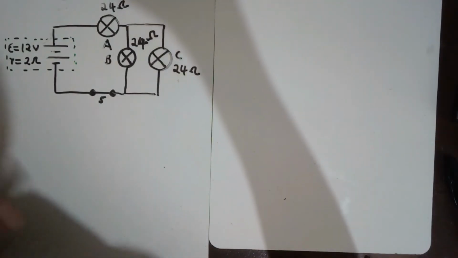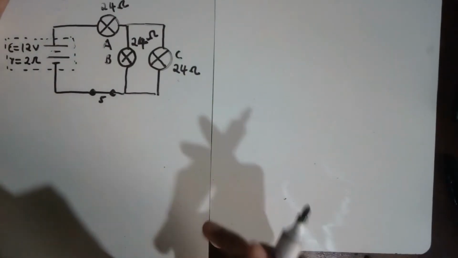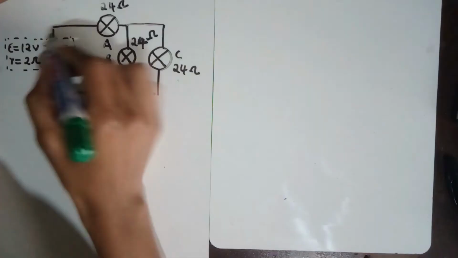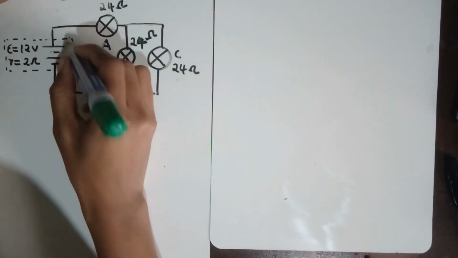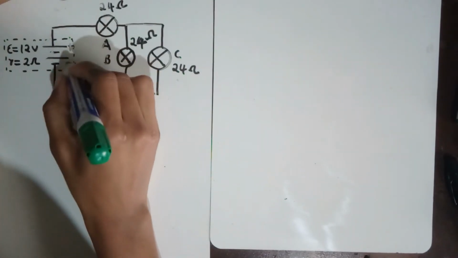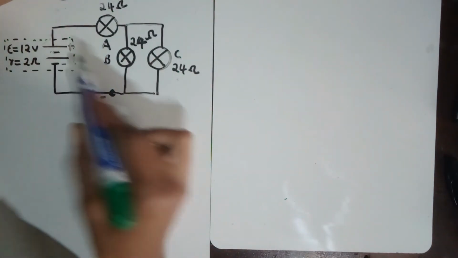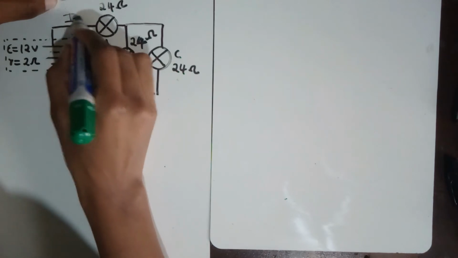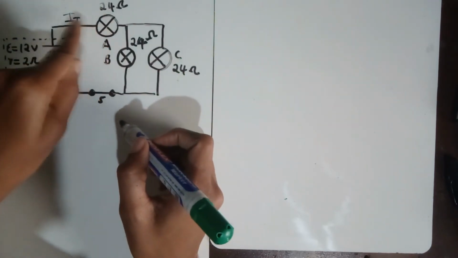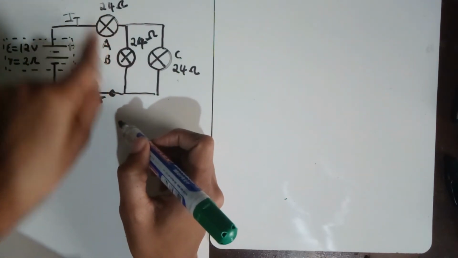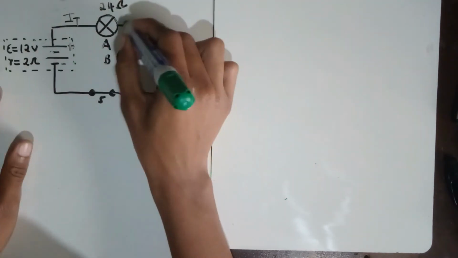So to answer this question, like I said, we have to follow the direction of the current. We know that this is the positive terminal and this will be the negative, so current will be flowing in this direction, right? We'll have a total current IT passing through light bulb A, and then here it will split.